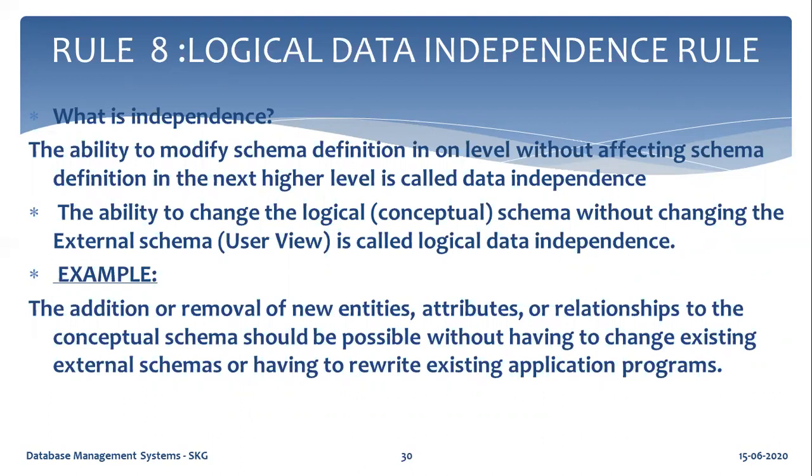Now the application level person or end user should not know how the data is stored or what the structure of it is. You can change the logical structure anytime, and that should not affect application level programs. So this is the main point of logical independence: the ability to modify the schema definition at one level without affecting the schema definition at the next higher level. It is called data independence.